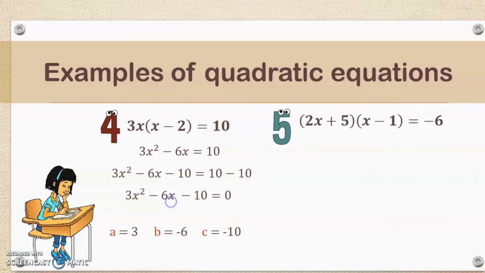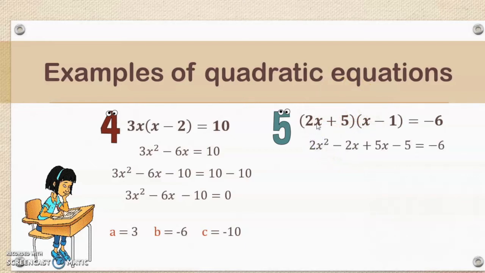Number 5. The quantity 2x plus 5 times the quantity of x minus 1 is equal to negative 6. So to write this equation into standard form, we have to multiply the two binomials.